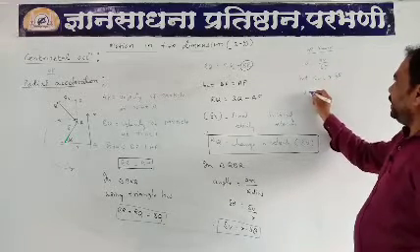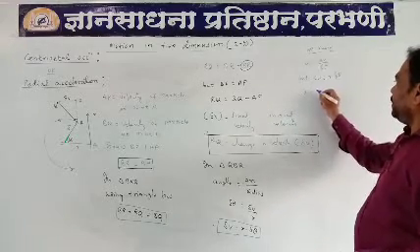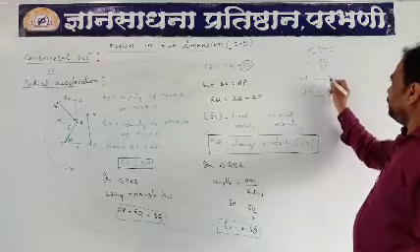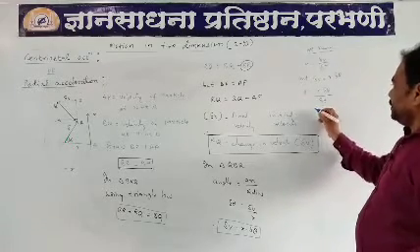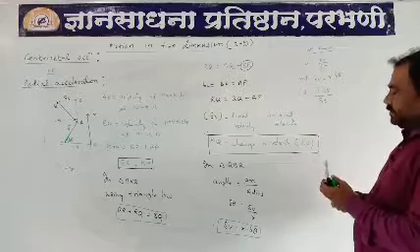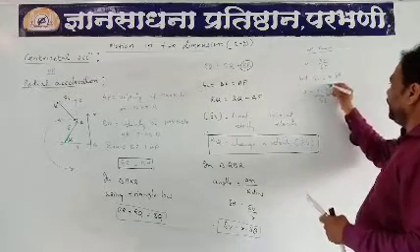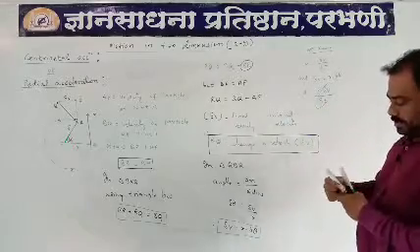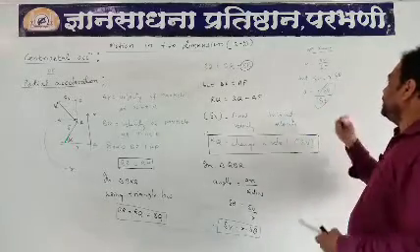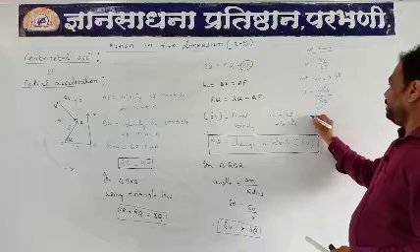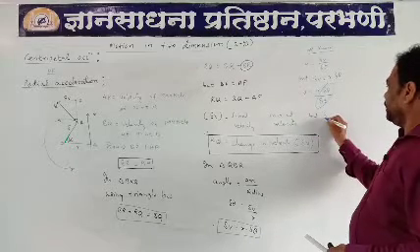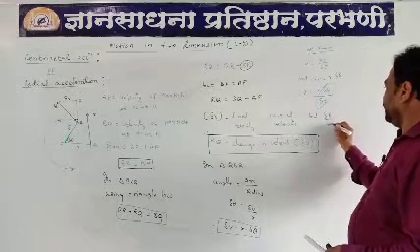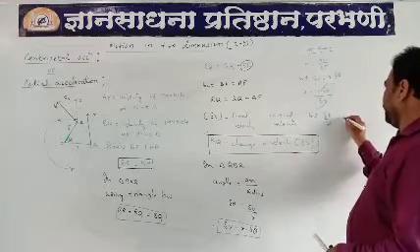So we put here delta V, r into delta theta, upon delta t. We know this concept, delta theta by delta t means angular displacement upon time, so delta theta upon delta t is equal to omega.